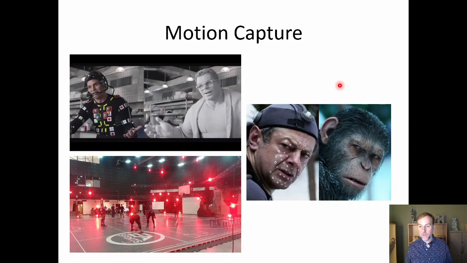They've gotten even better at doing this with faces. This is from one of the Planet of the Apes films. And all these little dots have motion capture cameras tracking them so they can get these very realistic human expressions into the digitized characters. If you go back maybe only 20 years, they weren't able to digitize the face this well.